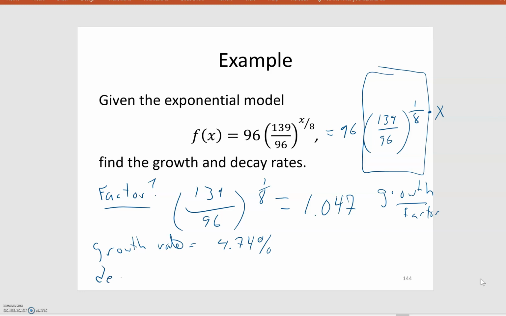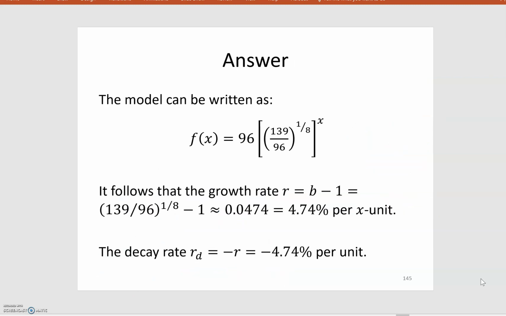And then my decay rate, now here's the one case where I'm going to have a negative decay rate. This is sort of a weird question, though, to be honest. You won't see stuff like this too much, but we do actually have a negative decay rate here because we are actually growing.